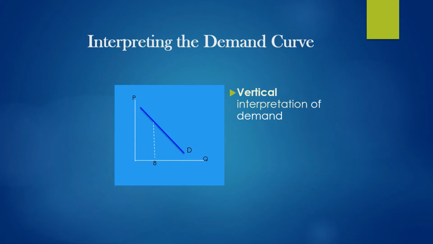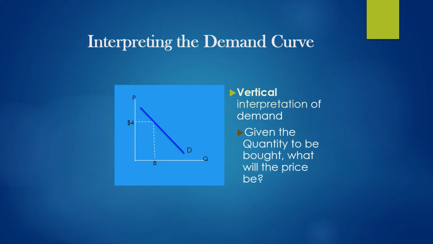At a price of $4. In the same way, if the total quantity demanded for pizza is given as 16, then the price at which sellers are ready to sell that pizza is going to be $2.